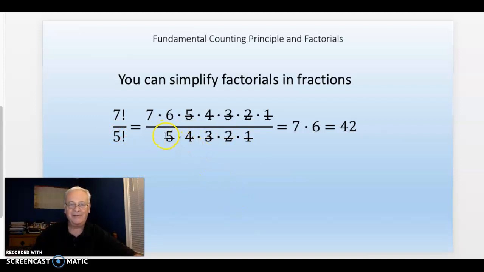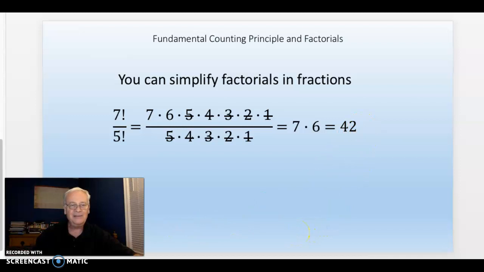Well, we can cross off 5, 4, 3, 2, 1 from the top and the bottom. They just eliminate each other. It just becomes 7 times 6. That's 42. So 7 factorial divided by 5 factorial is 42.